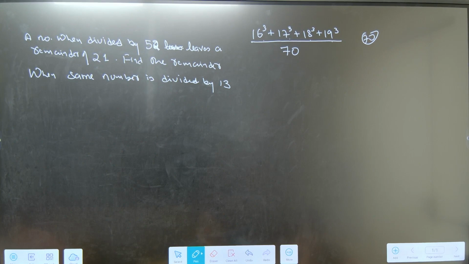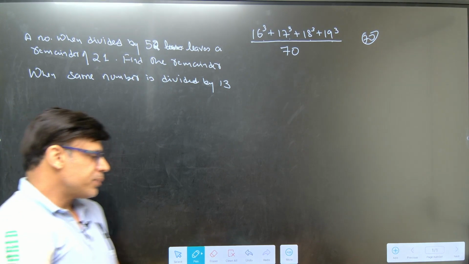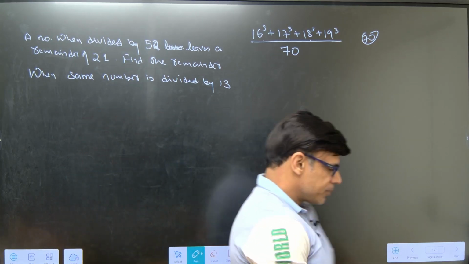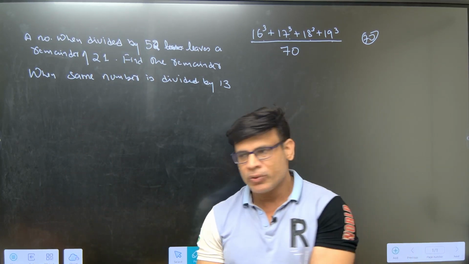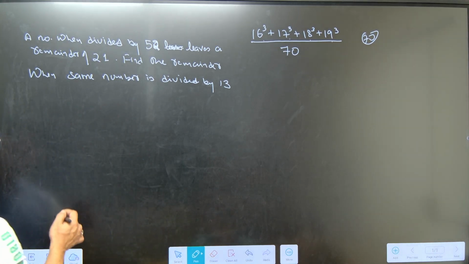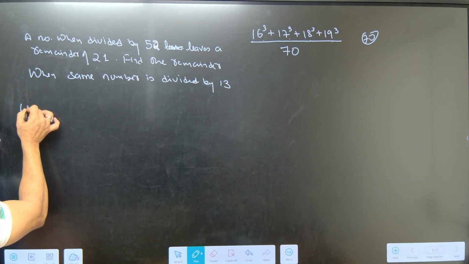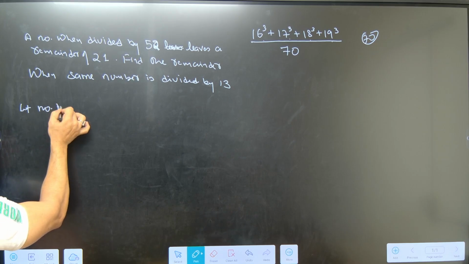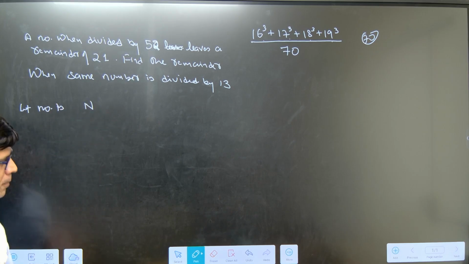Let's do some mathematics on this. There is some number at this point of time. Do we know the number? No, we don't know the number. So let us assume the number as n.